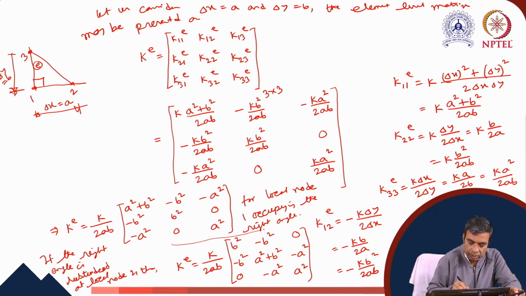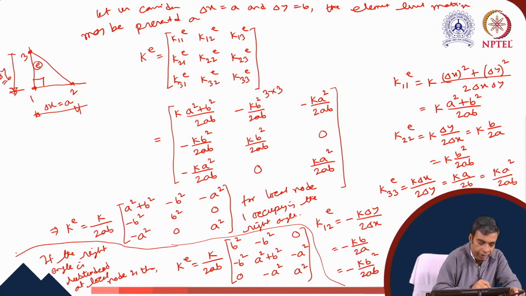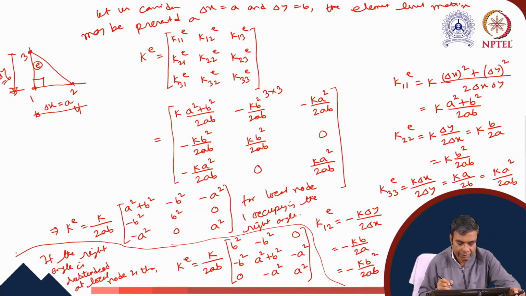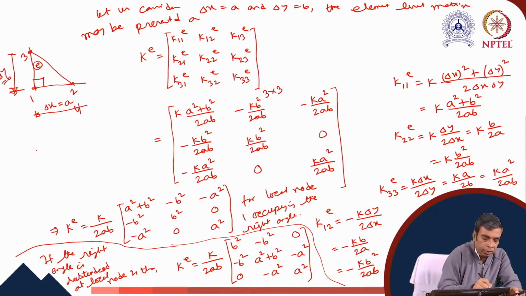So this second case is with the right angle at local node 2. So this is the configuration: local node 1, local node 2. This is the right angle at local node 2.